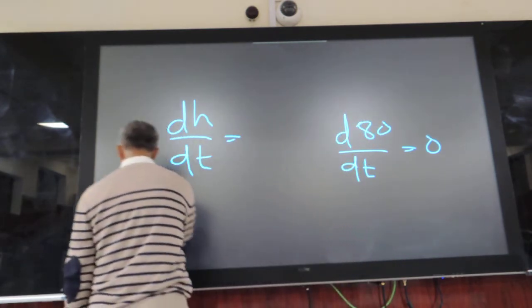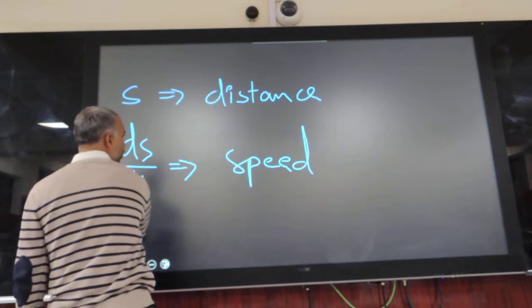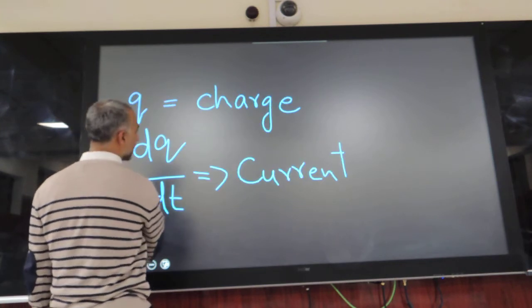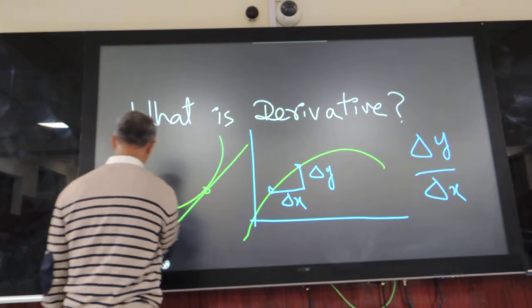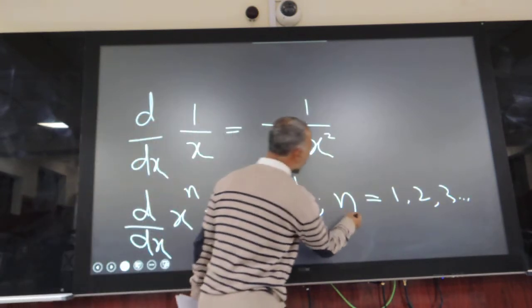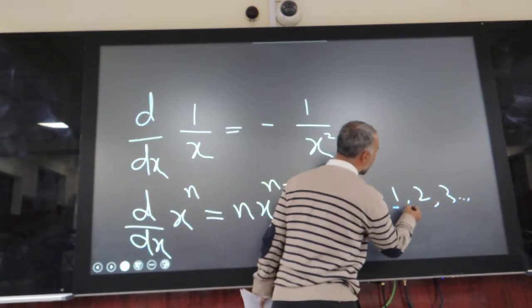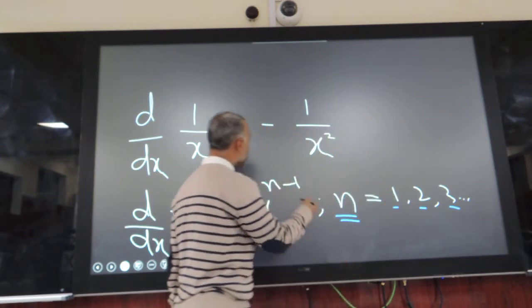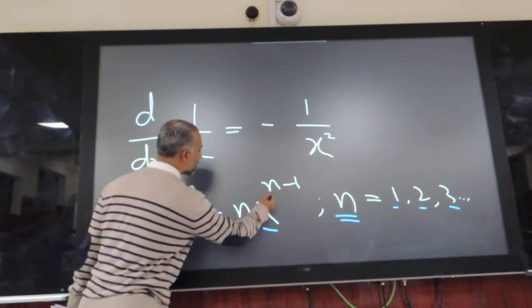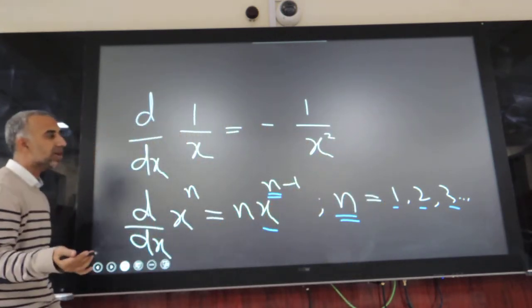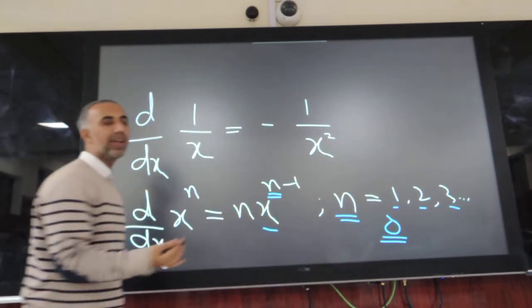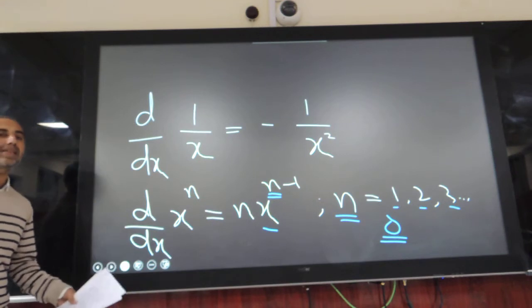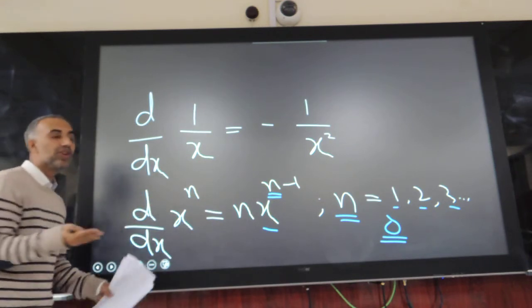Why 0? Because we have variables of order 1, 2, 3, but here there is no order, no variable involved, so it's a constant. Wherever no variable is involved, there is no change.